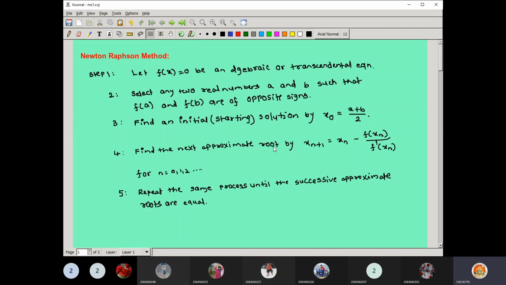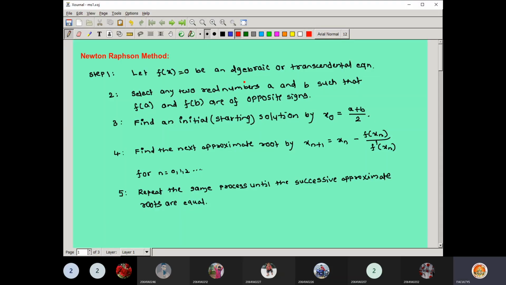Step 4. Find the next approximate root by a special formula: x n plus 1 equal to x n minus f of x n by f dash of x n.